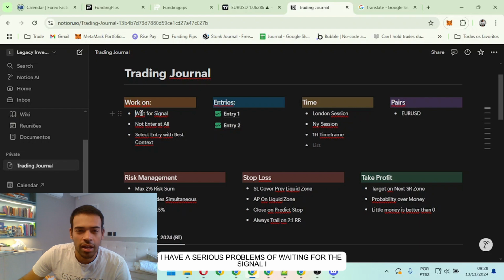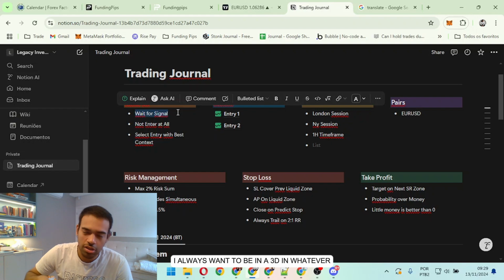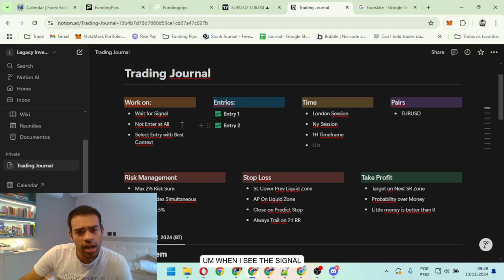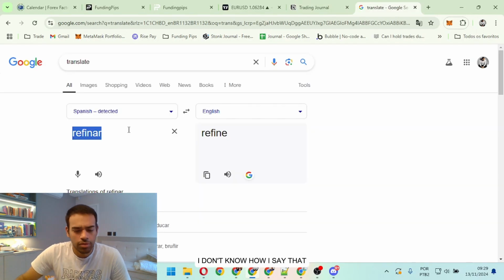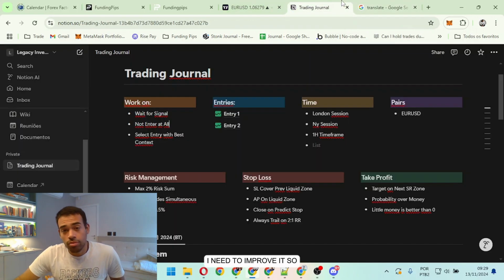So I have a serious problem of waiting for the signal. I always want to be in a trade, whatever, so I need to get better at that. When I see the signal, I enter a trade, so I need to improve that.